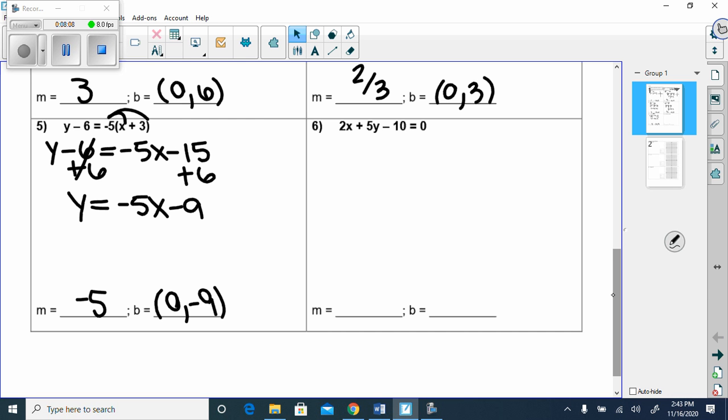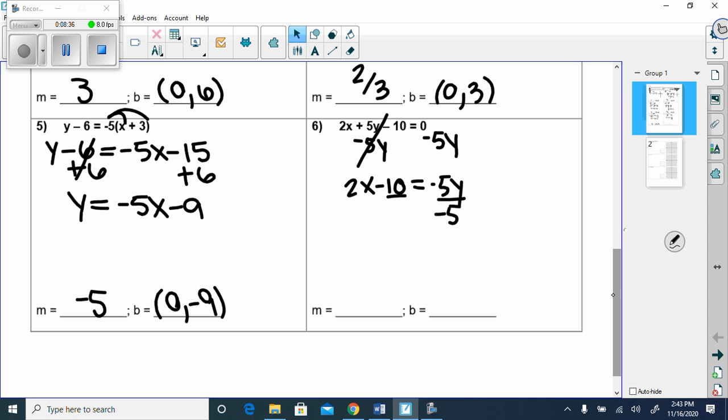Okay, number 6. What should I move? The 5y? Okay, how would I move it? Okay. So I subtract it from both sides, then I'm going to have 2x minus 10 equals -5y. Very good.